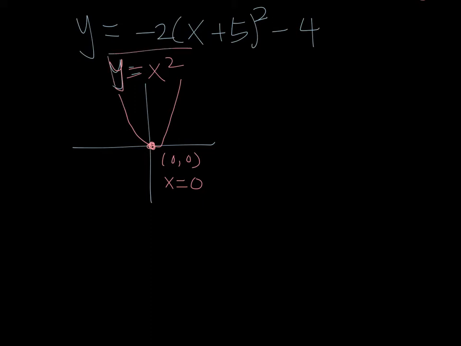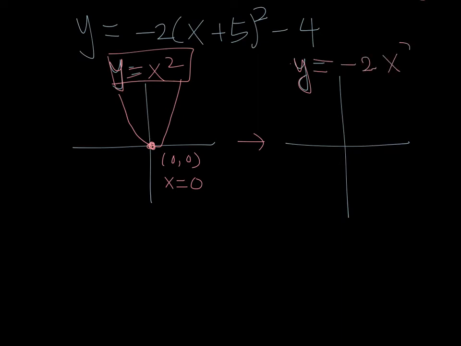But that's when our equation is x squared, not for the blue equation over there. So let's go ahead and change that. Now we're going to include the negative 2. If our equation is y is equal to negative 2 times x squared, the negative is going to make the parabola go upside down like this.